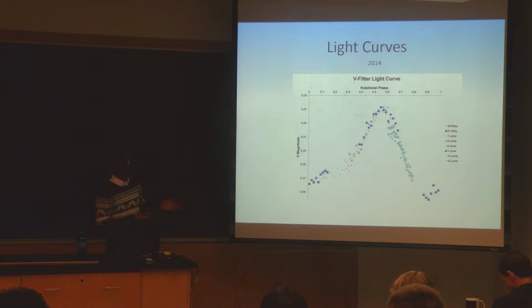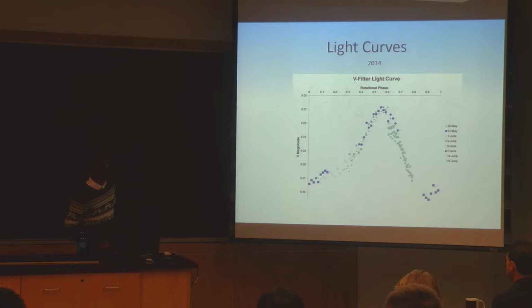You can plot them in this way, where you show rotational phase on the x-axis and the magnitude on the y-axis. And you can see the oscillation I was talking about, where the star spot is not present at the peak, and the star may seem dimmer when the star spot is present in our field of view.